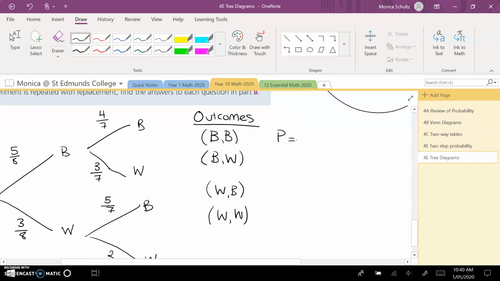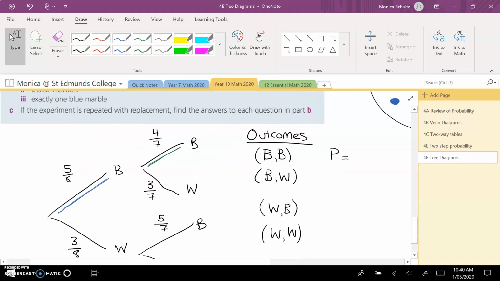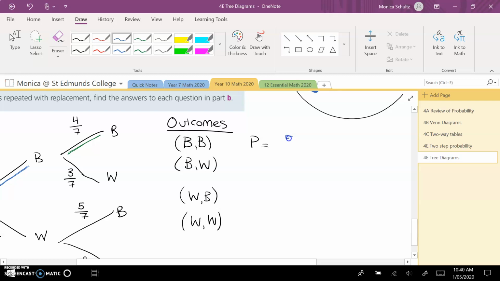So the probability of getting a blue, then a blue. If I draw in a little line to make it a bit clearer, my first one for probability of getting the initial blue is going to be 5 on 8. And then we're going to times this by the second blue, which is 4 on 7.